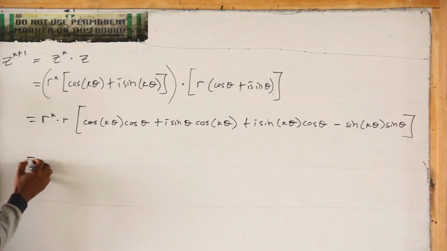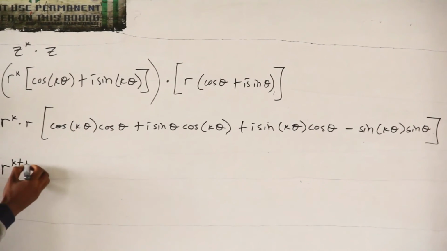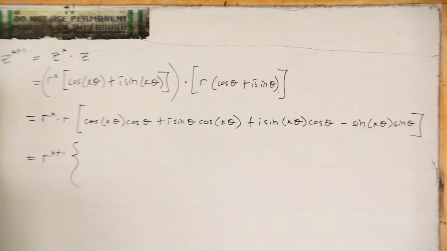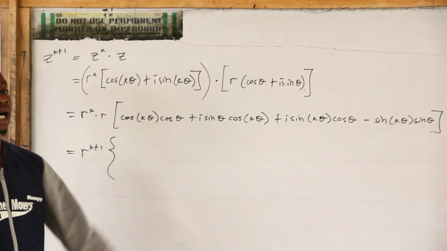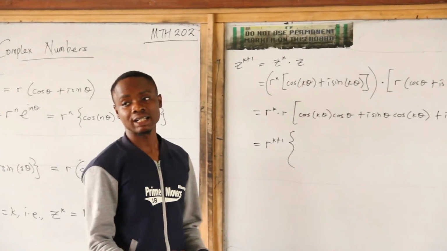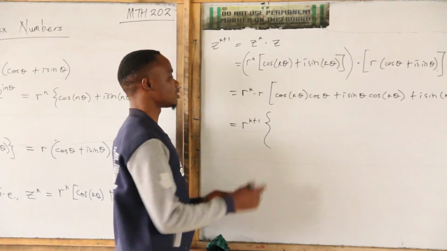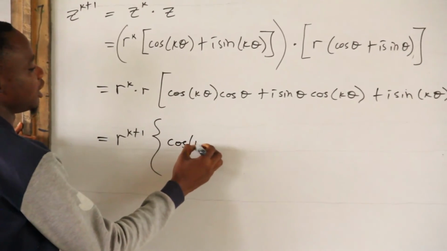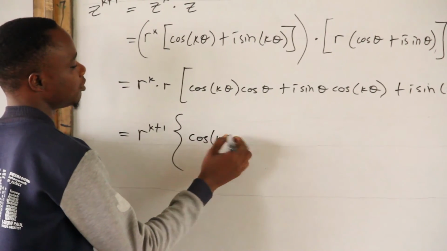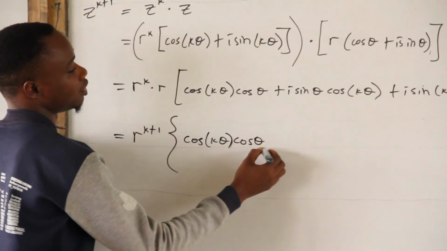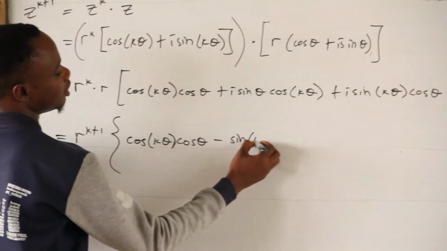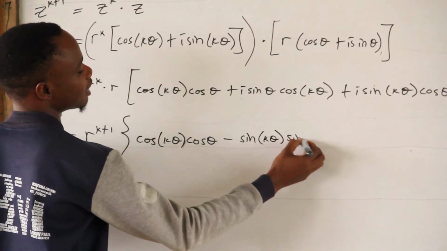This is going to give us r raised to the power k plus 1 into, so I can rearrange this. Those ones that don't carry i I can put them together, and the ones that carry i I can put them together. So this is going to give me cos k theta multiplied by cos theta, minus sine k theta multiplied by sine theta.